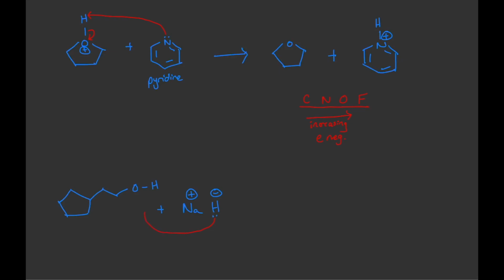So that hydrogen will be used to attack the proton of the alcohol, and that alcohol bond will break, pushing the electrons over to the oxygen. And if we draw out our products, we will get a negatively charged oxygen with our sodium as our positive counterion.